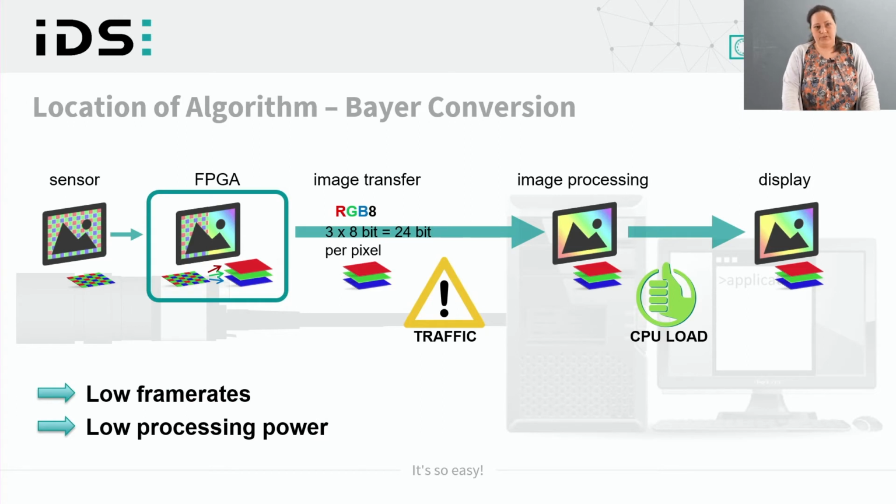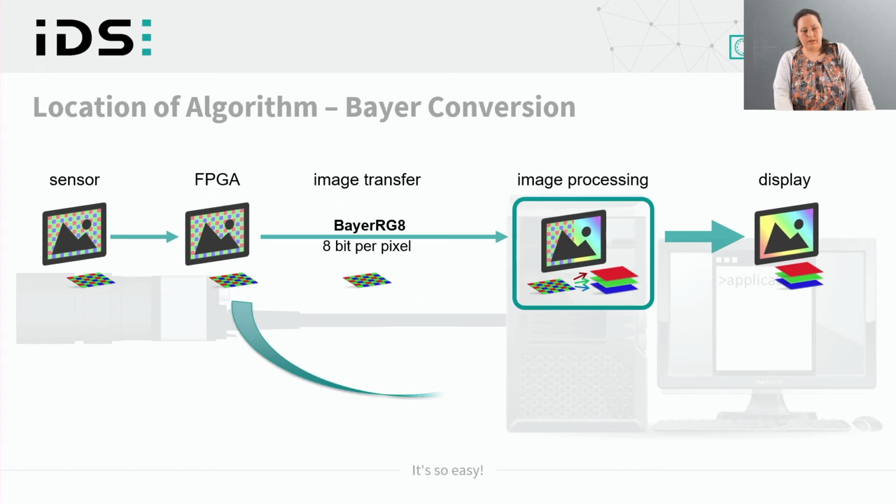This use case is, for example, suitable for low frame rates or low processing power on the PC side, because the main processing power is featured by the camera. On the other hand, we can also move the debayering to the host side.